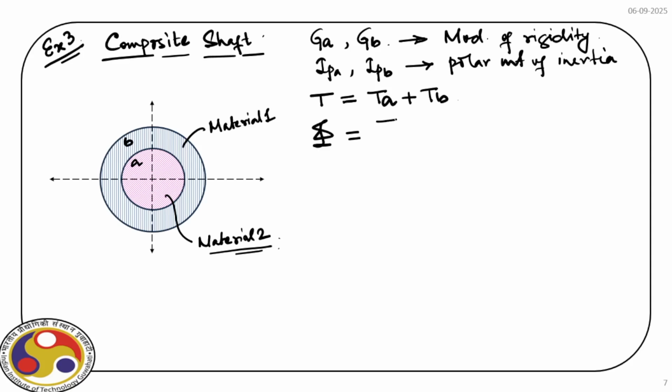So phi we know, if we start with A, for material A we have TA times L, the length of the shaft, divided by GA times IPA, which is equal to TB times L divided by GB times IPB.